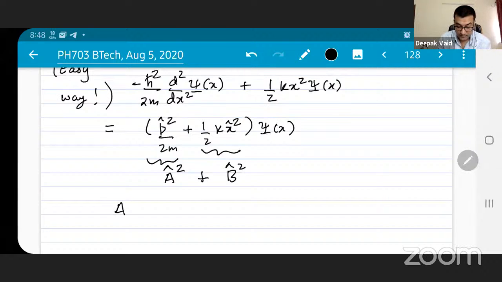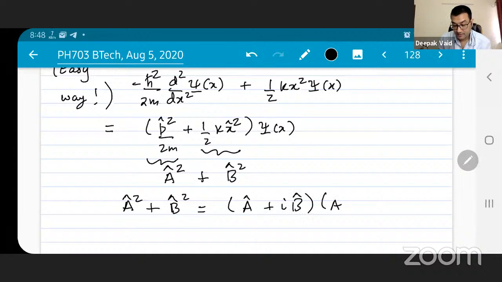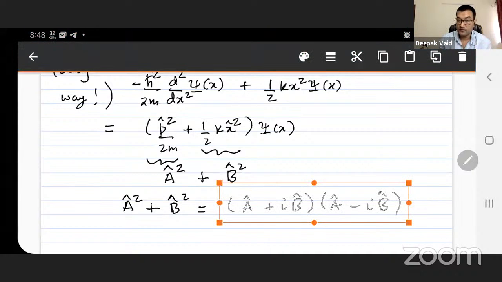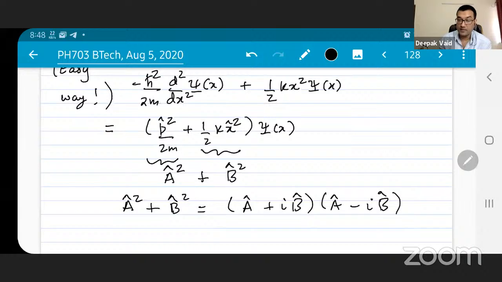Whether you talk about operators or numbers, it doesn't matter. When I have a square plus b square, I can factorize this expression in this way. I can write a square plus b square as the product of a plus ib multiplied by a minus ib.